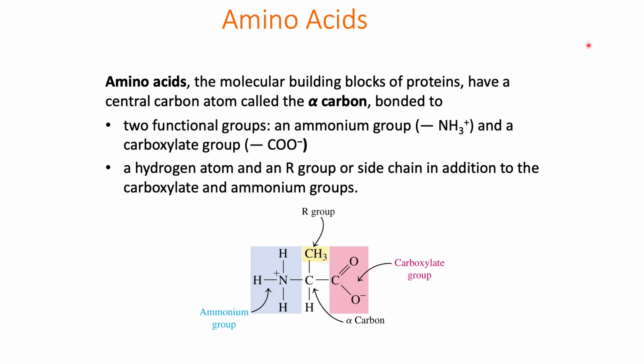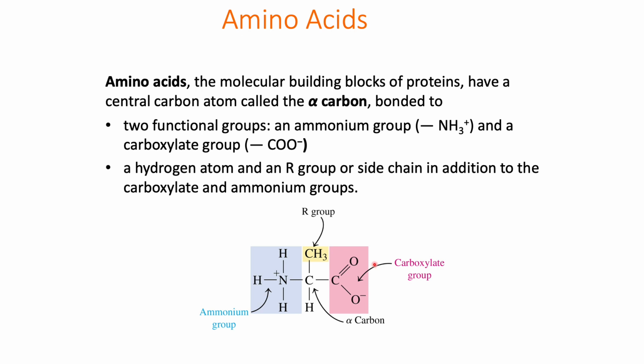So amino acids, which are the building blocks of proteins, have a central carbon atom, and this is called the alpha carbon. It is bonded by two functional groups. One, the ammonium group, which is NH3, and a carboxylate group, which is COO minus.